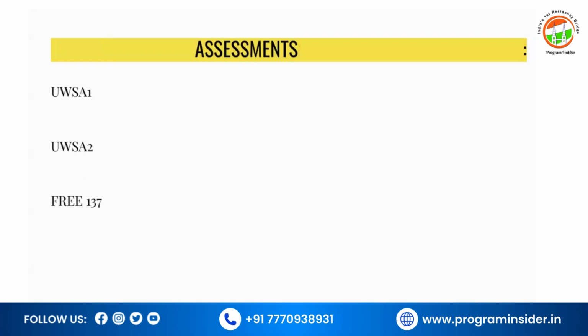Then comes what assessments one should take before going into the exam. Just 3 resources: UWSA 1, UWSA 2, and also the free 137, which is available on the FSMB website. So you can go through them. Personally, during my Step exam, I just went for UWSA 2, and I just did the free 137.